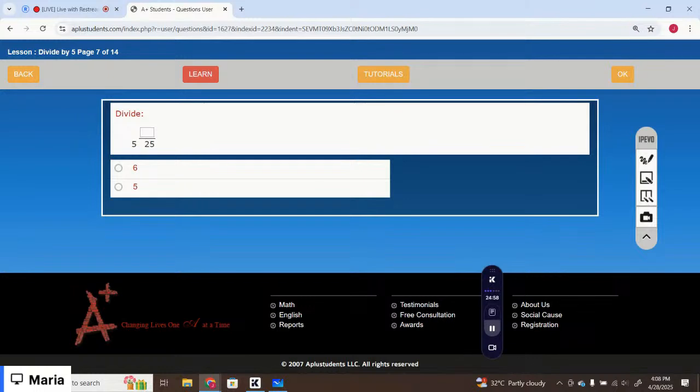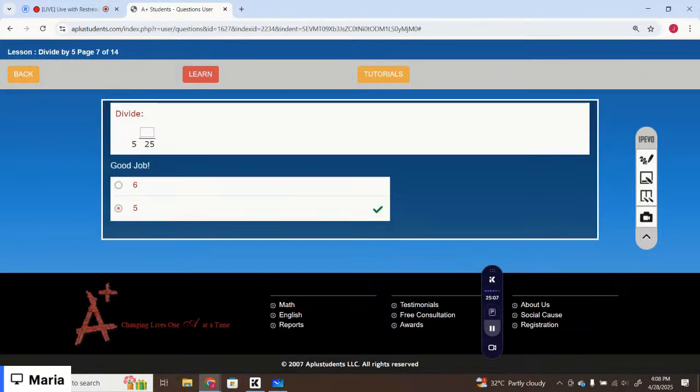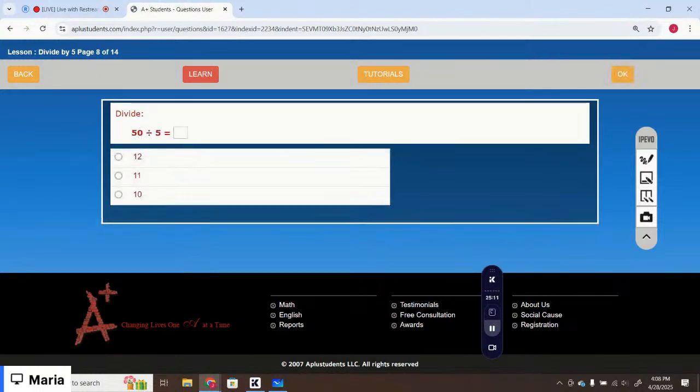Twenty-five divided by 5 is 5 times 5 is 25. So 25 divided by 5 is 5. Very good. 50 divided by 5, which is the correct option?